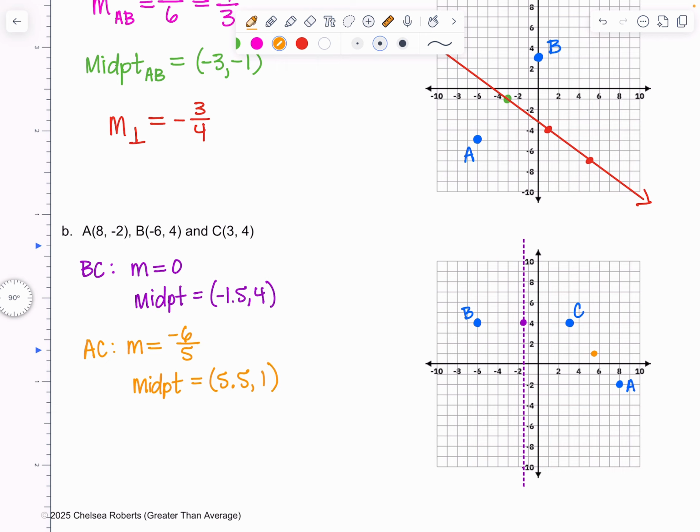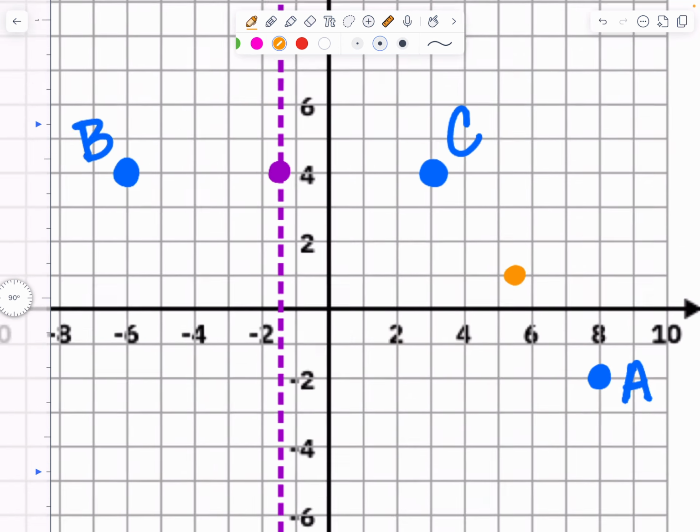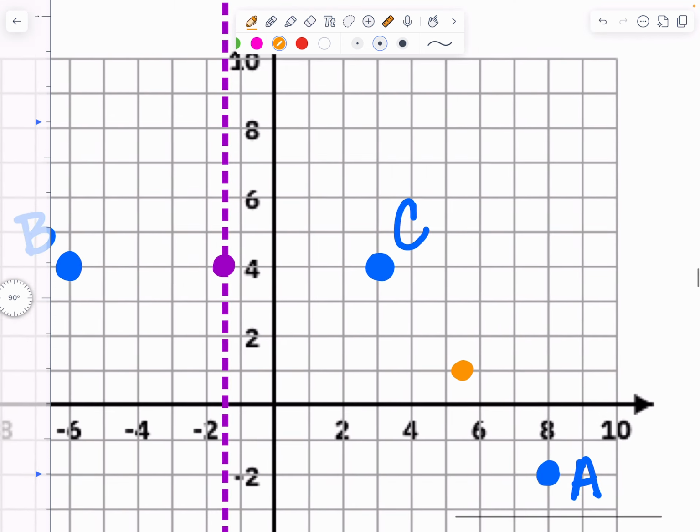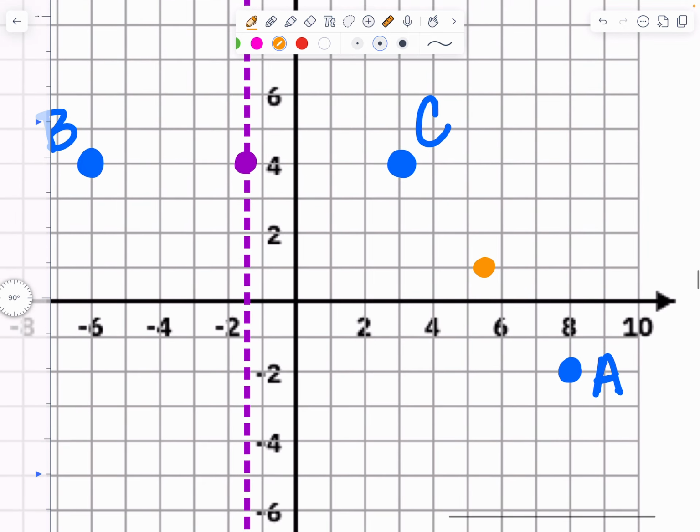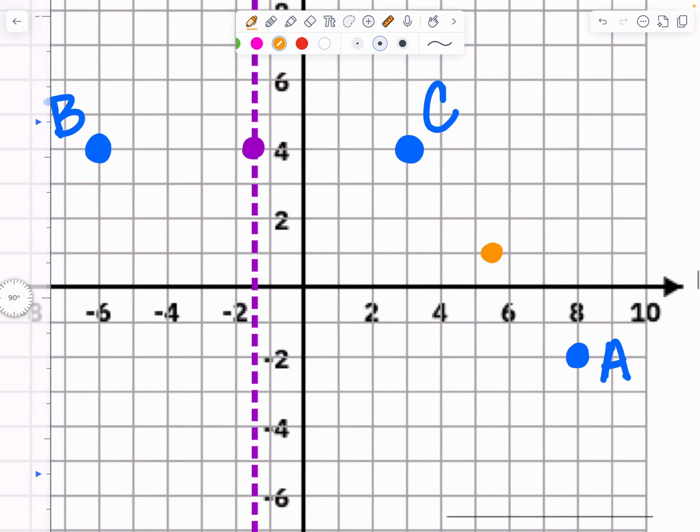All right. And then my perpendicular slope is going to be a positive 5 over 6. So that means I need to go up 5 and over 6. If I run out of room, I can go one way. So I can go up 5, but I can't go over 6 from the midpoint.